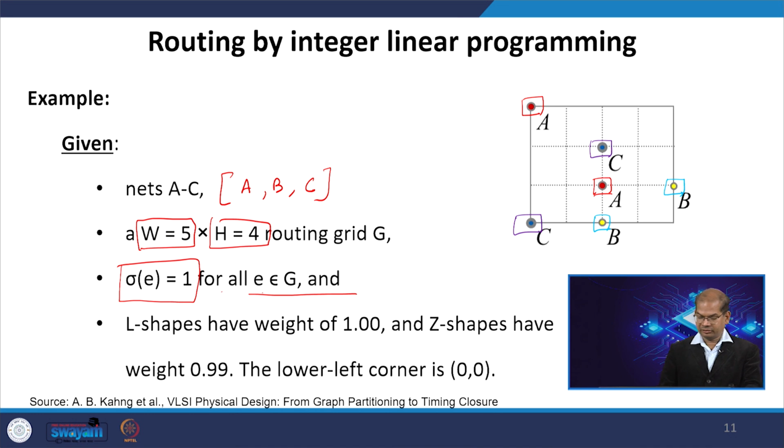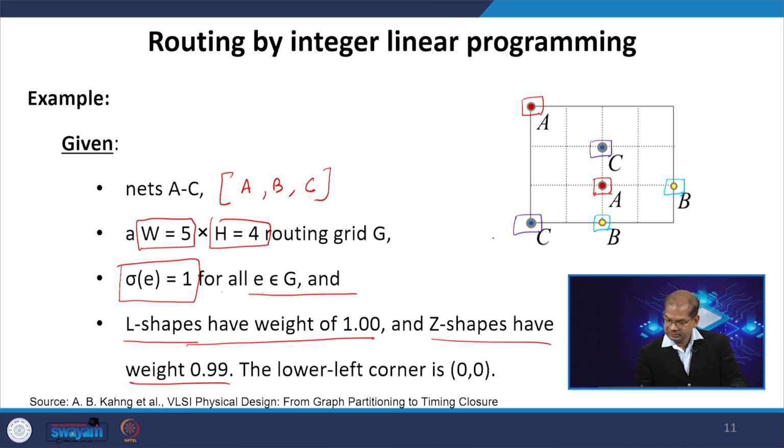We have another constraint here: the L shape routing will have a weight of 1, then the Z shape routing has a weight of 0.99. The lower left corner, this is the 0 point, is called LLX, LLY. So LLX is 0 and LLY is 0.